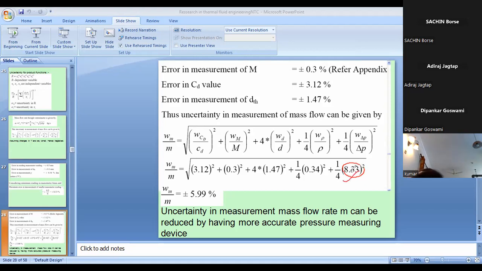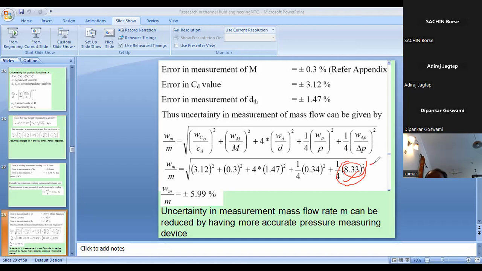So what is the square of 8? Can anyone tell what is the square of 8? If you divide by 4, it is a very large value.